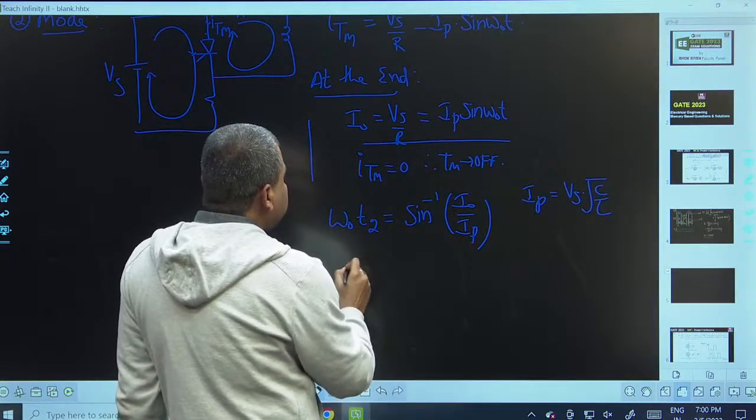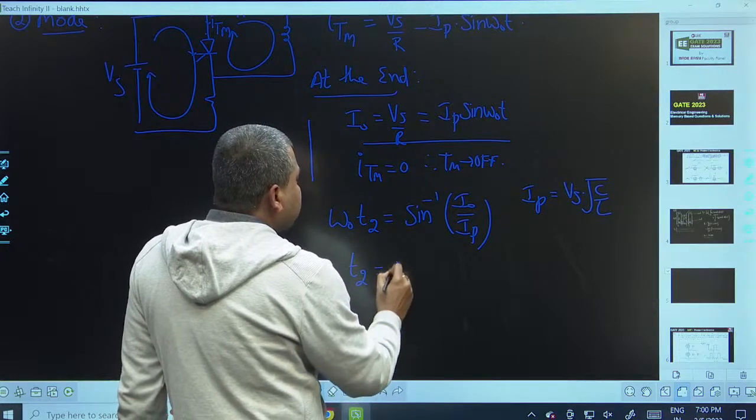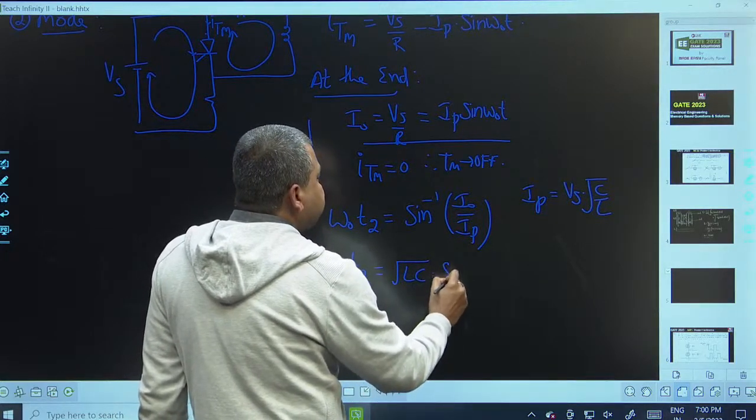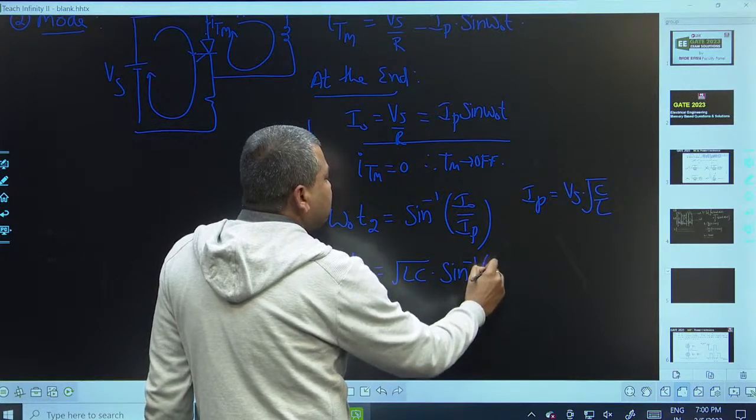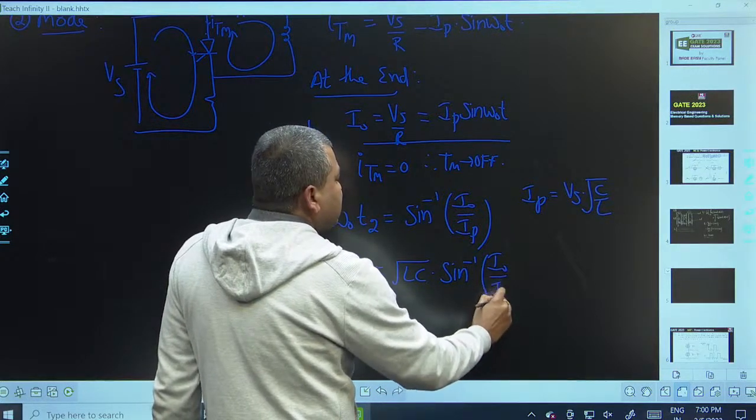Okay, just calculate that value. Finally, the second mode is equal to root LC sin inverse of I naught by IP.